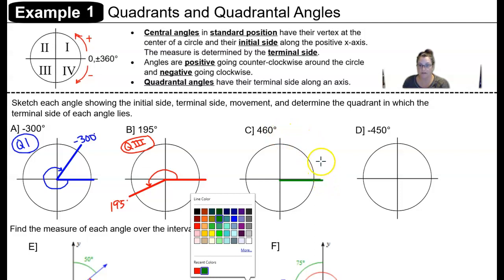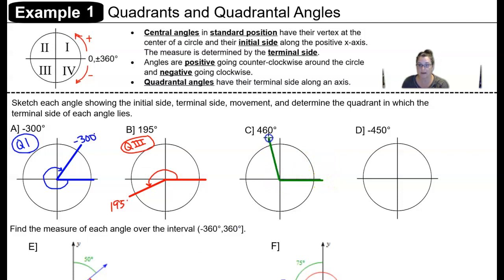So we start here at 0. This is 90, 180, 270, 360, and then another 100 degrees is going to take us past 90 again, and then just 10 degrees further. So this would be the terminal side at 460 degrees.